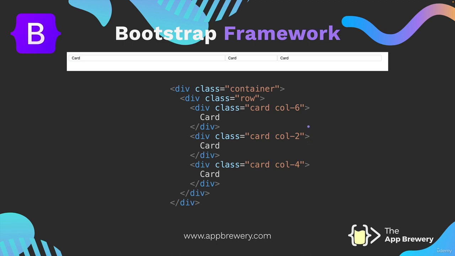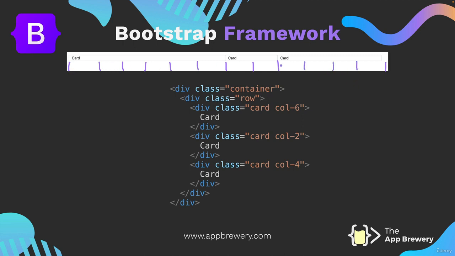Now, their system is a 12 division system. So let me explain this. If the full width of your website can be divided into 12 equal portions, so then you have 1, 2, 3, 1, 2, 3, 1, 2, 3.